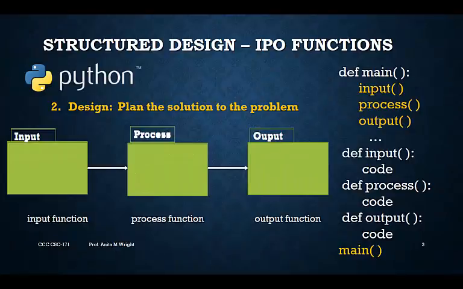We're using a structured design and an input processing output approach to programs. We are now going to use this input process output approach for our subprograms that are called functions in Python. We will break our input section down into an input function, our process part of the program down into a process function, and our output portion of the program into an output function.